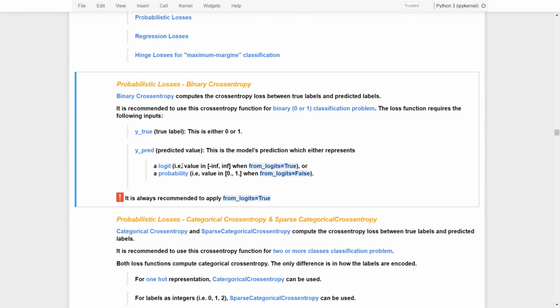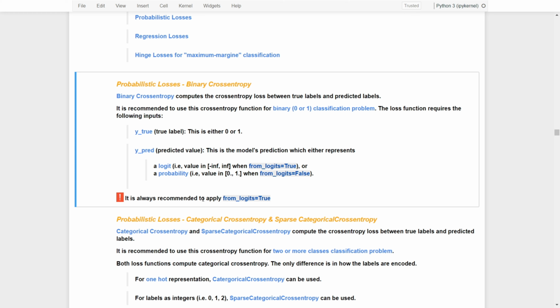If the predicted value has a value between negative infinity and positive infinity, that means this is a logit. In that case, we need to set from_logits equal to true. On the other hand, if the value is between 0 and 1, that is a probability, then we need to set from_logits to false.